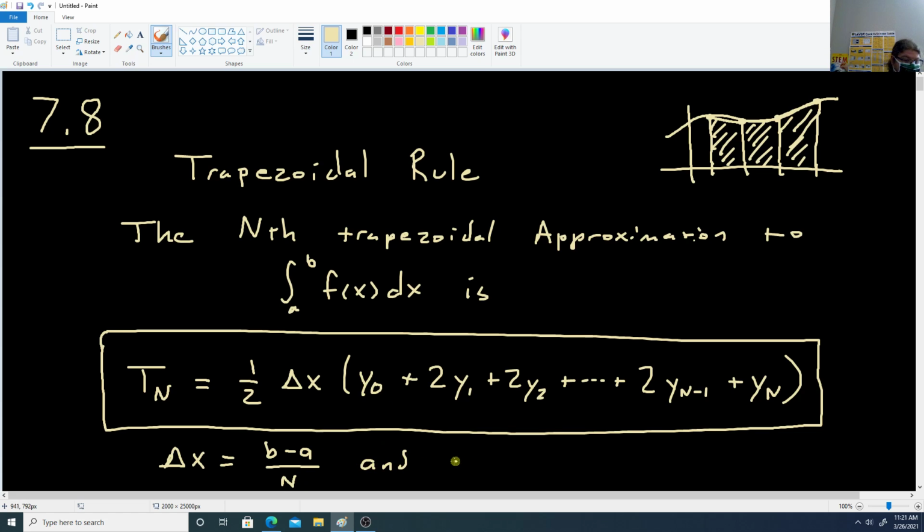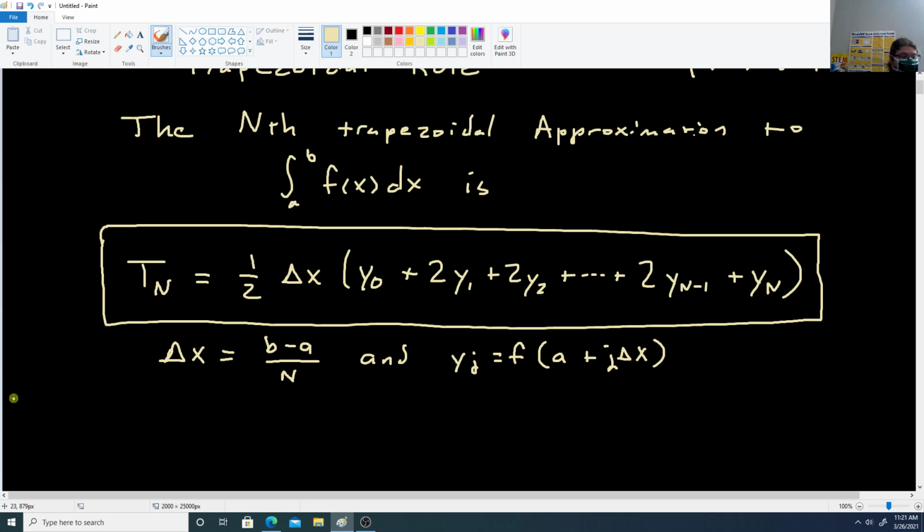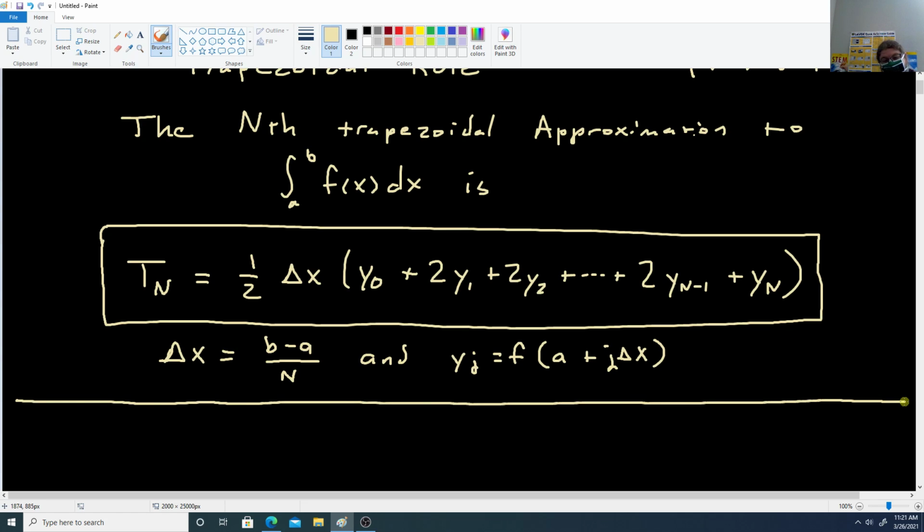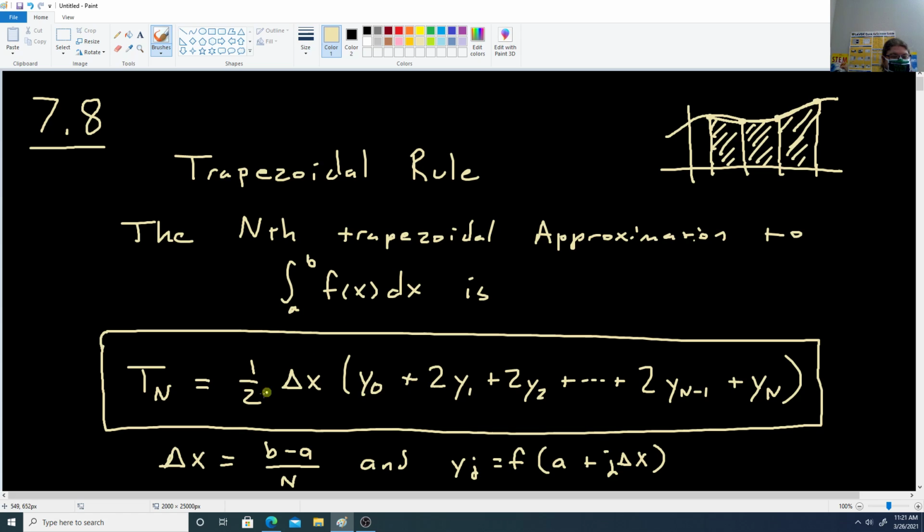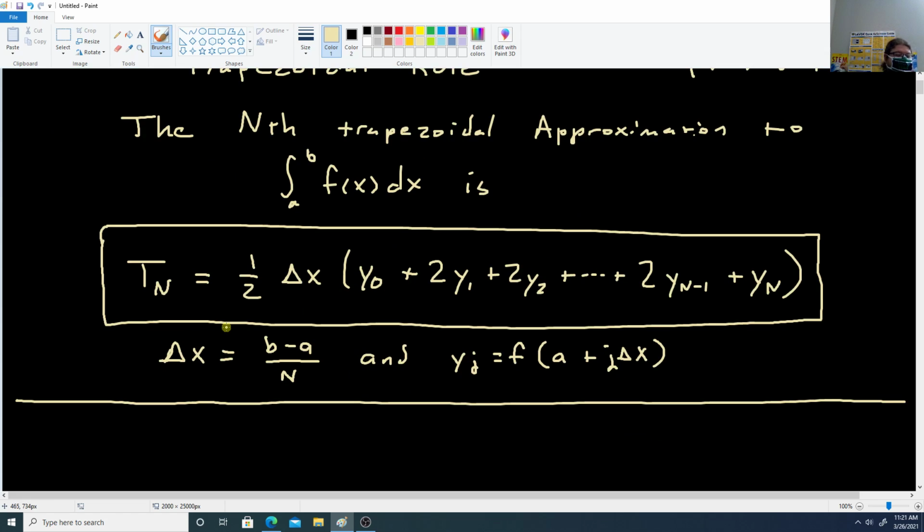And in this expression, the y sub j's are equal to the function f evaluated at a plus j delta x. So if you're trying to use the trapezoidal rule, since there is a delta x, you need to apply this rule to equally spaced items. So if you have anything where the length of each bar is not uniform, you can't apply this rule there.